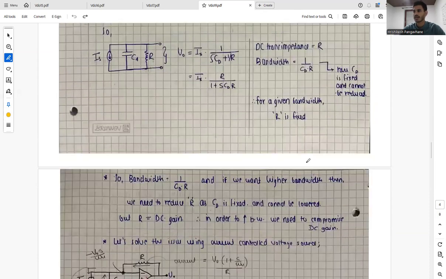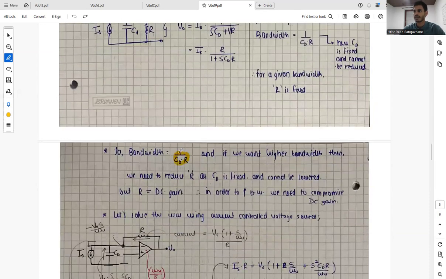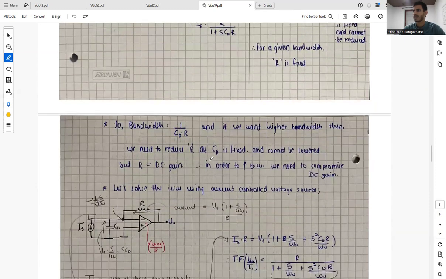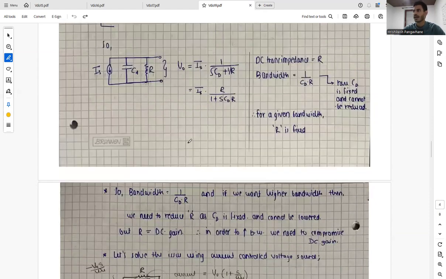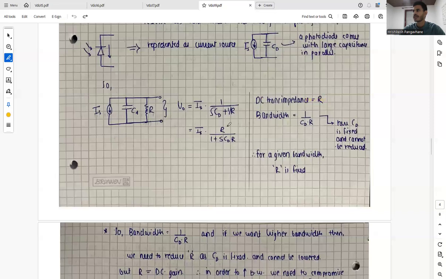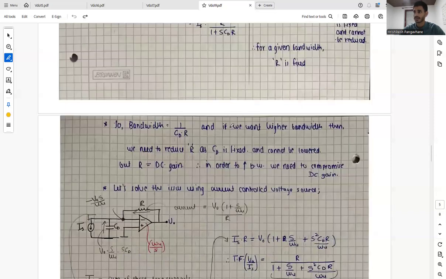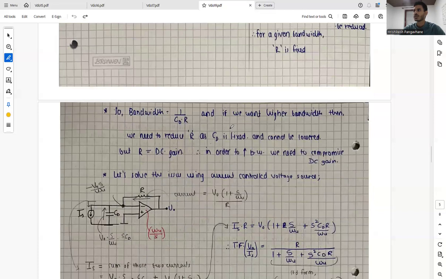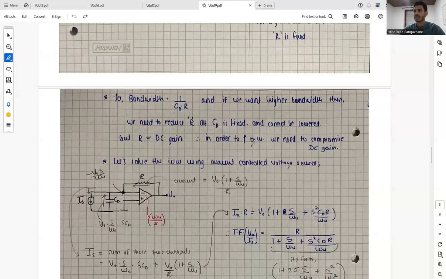Or in another case, the bandwidth is basically 1 upon CDR, and if we want higher bandwidth, CD is already fixed, so we have to reduce the value of R. And we have seen that the DC gain is R, so in order to increase the bandwidth, we need to compromise the DC gain.